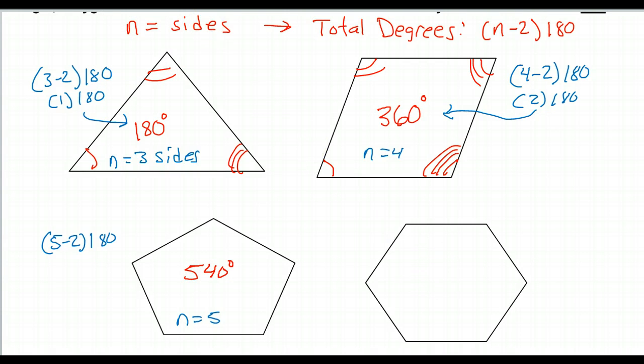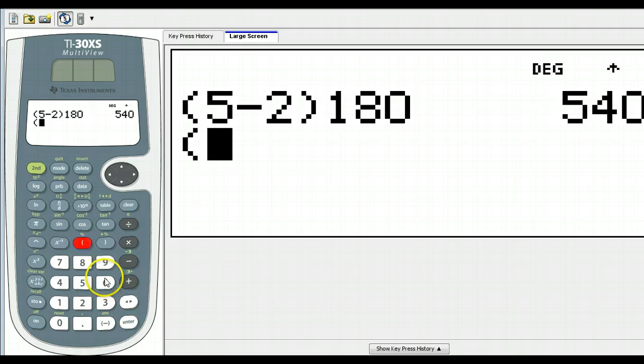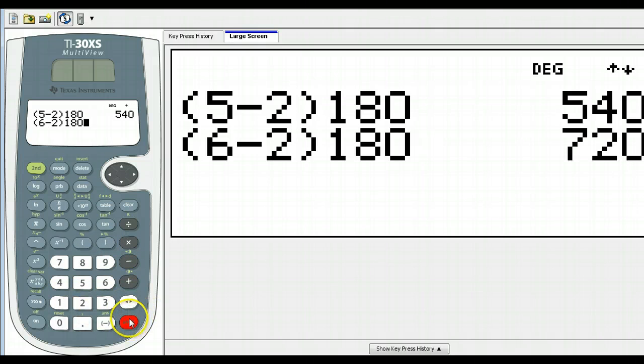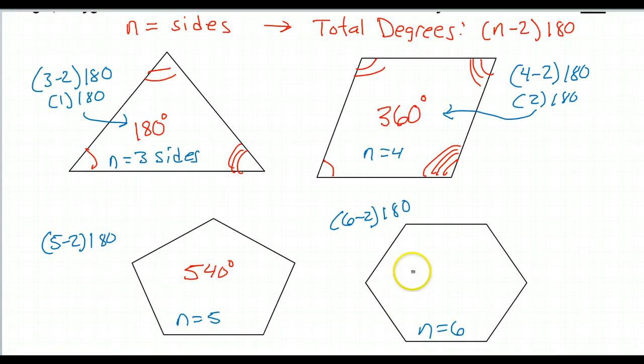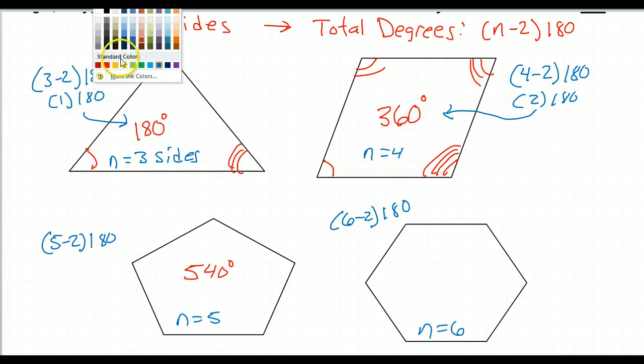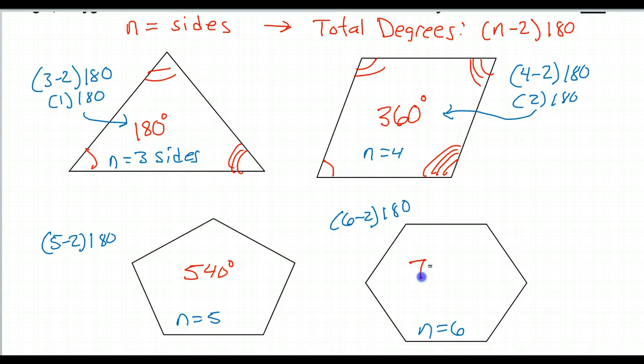And one more time, let's do this for a hexagon. For a hexagon, n is equal to 6. So this would be 6 minus 2 times 180. So that's 720. So a hexagon has 720 degrees.